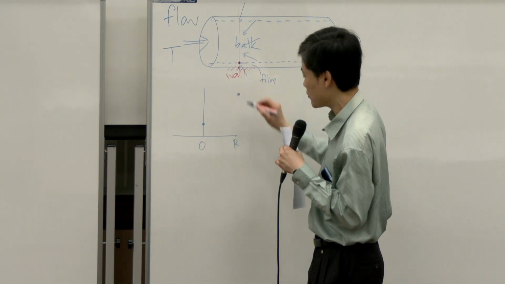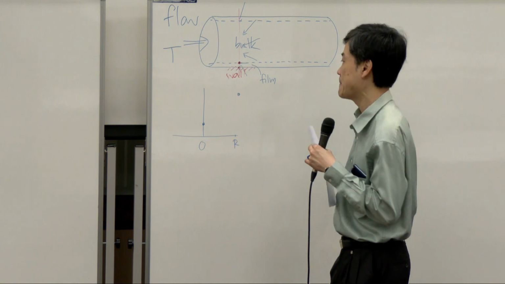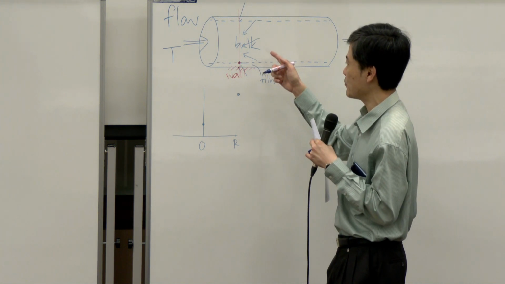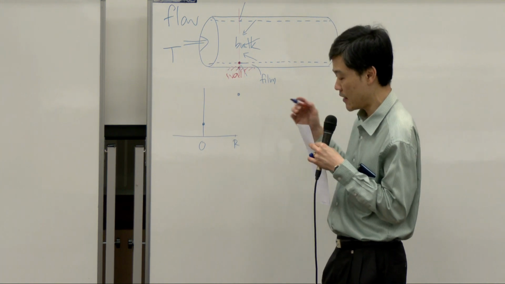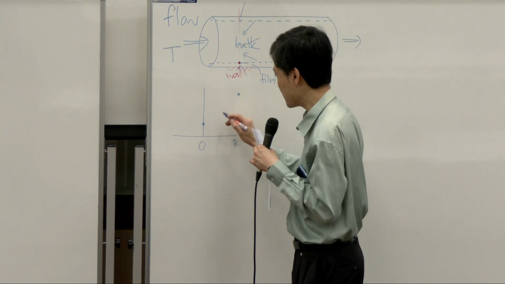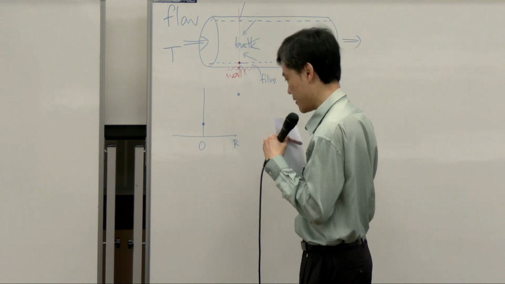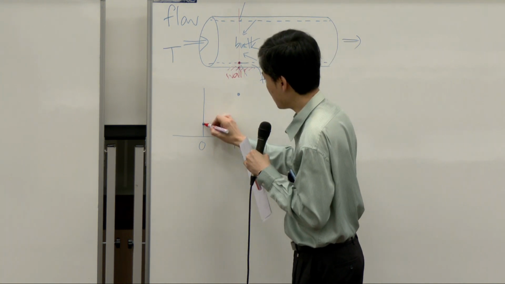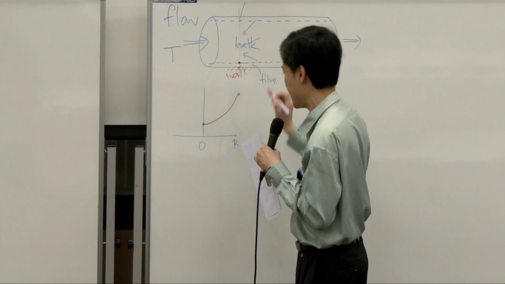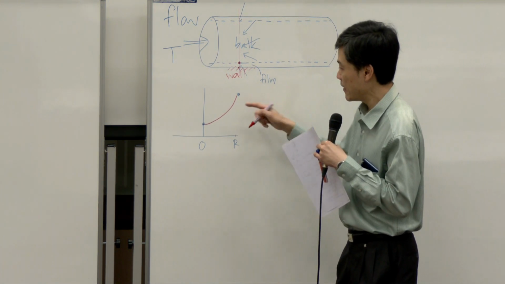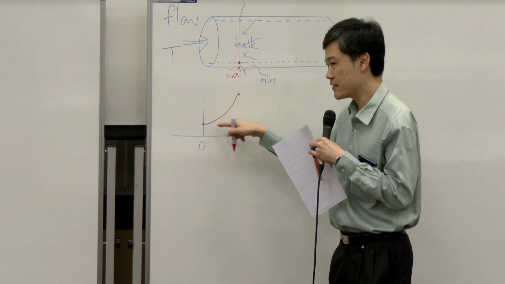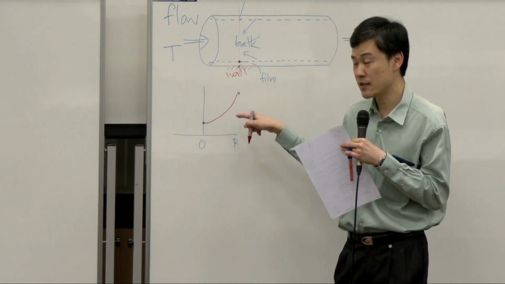Temperature at the wall is supposed to be higher. Okay? And you should be able to guess that the temperature profile here will not be linear. So the temperature profile is supposed to be non-linear. If it is non-linear, you see that temperature is depending on radius.